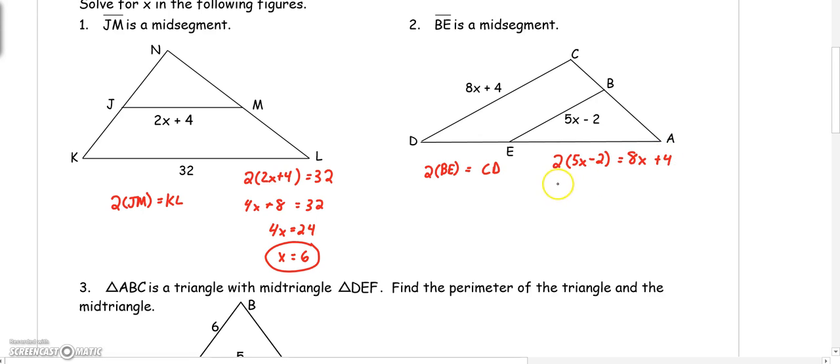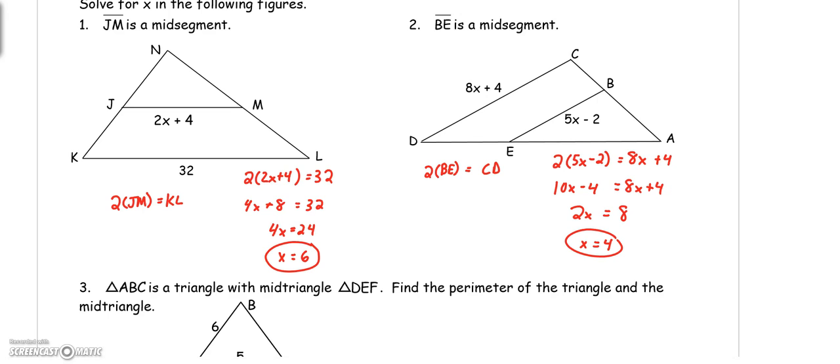My first step is to distribute: 10x minus 4 equals 8x plus 4. I need to get my variable to one side and my constant to the other. So I'm going to subtract 8x to get 2x, and I'm going to add the negative 4 to get 8. So we have 2x equals 8, and we divide by 2. X is equal to 4.